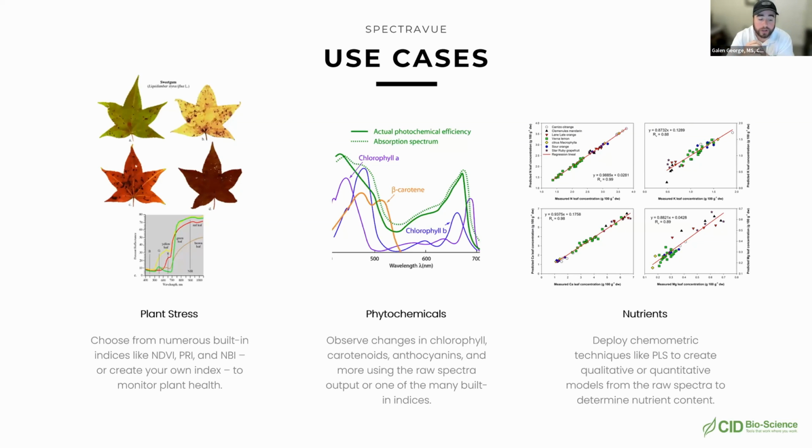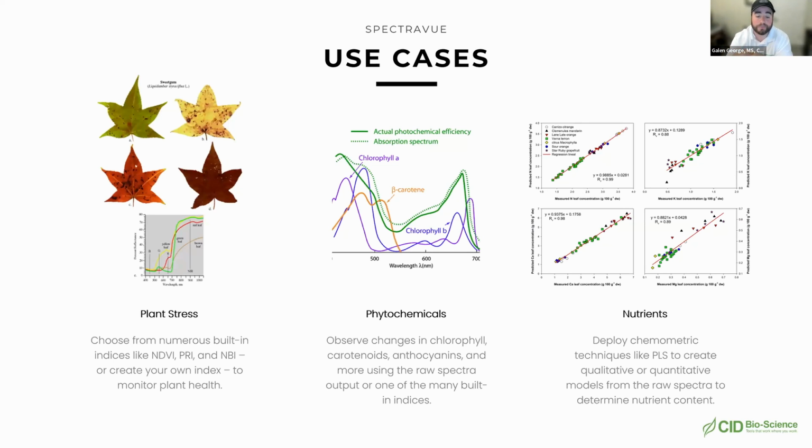You can also create your own index that you might have discovered works even better for a specific species of plant that you're working with, in order to monitor that plant's health. It's very easy to see visually with senescing leaves, but being able to see it on a plant where you aren't getting that visual representation of stress, this is a great tool to see where that stress is happening inside the leaf tissue.